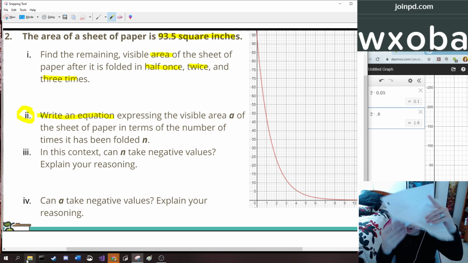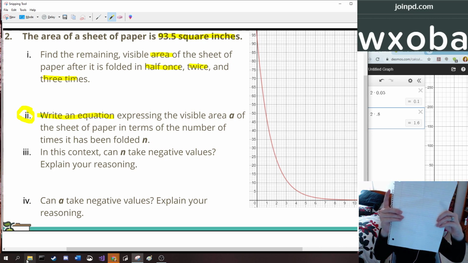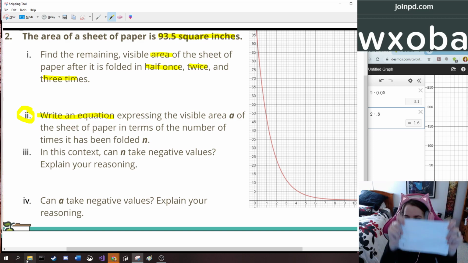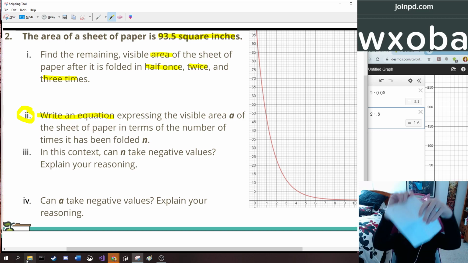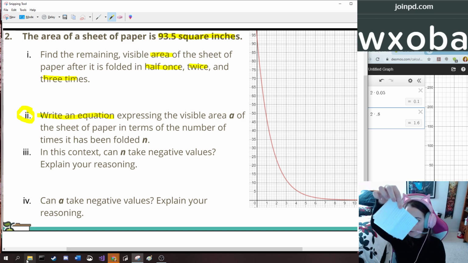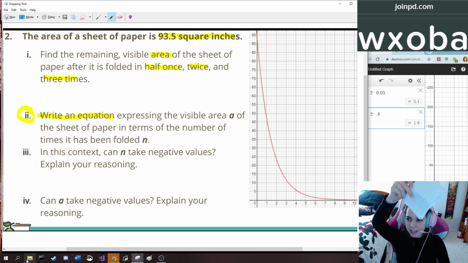What would the area of our paper be if you folded it in half once? How could you find that? And if you fold it in half twice, what would the area of this paper be now? And again, if you fold it in half three times, what would the area be?